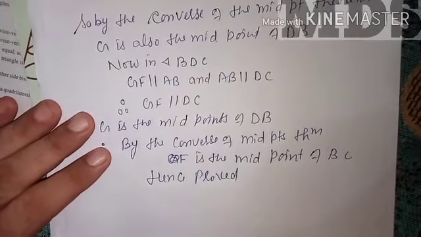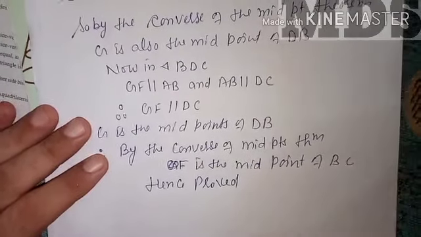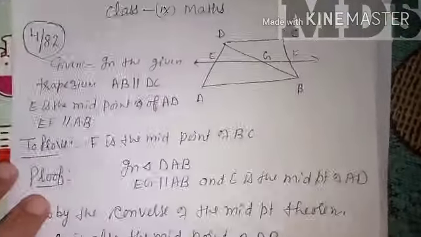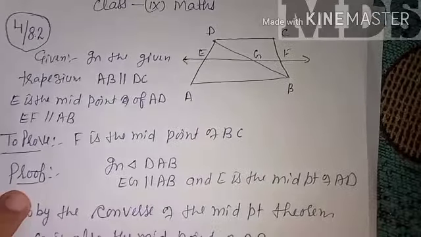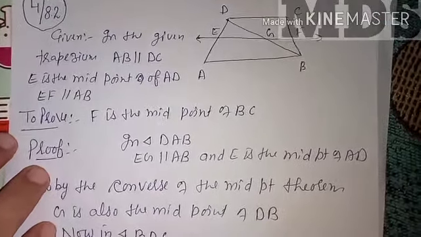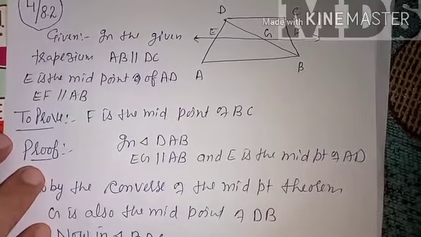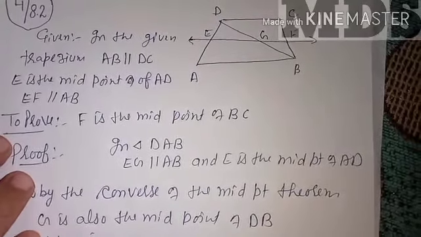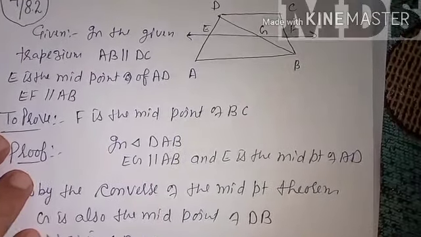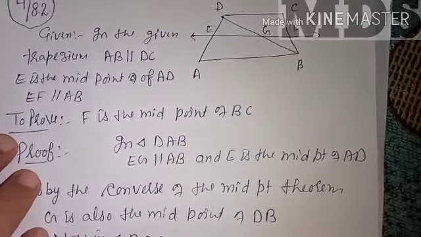Understood? Again I want to repeat. What's given? A trapezium is given. ABCD is a trapezium where AB is parallel to DC, and diagonal BD joined, and E is the midpoint of AD.